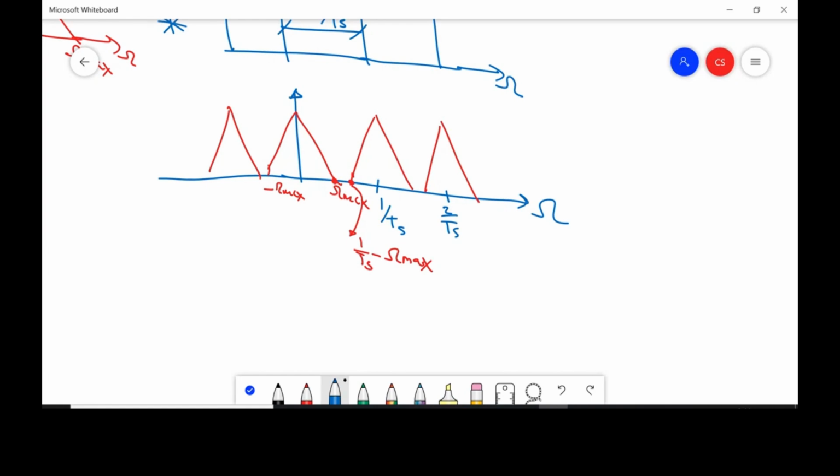It overlaps here, where 1 over Ts minus omega maximum has to be equal to omega maximum, or it is the same, 1 over Ts is equal to twice omega maximum.